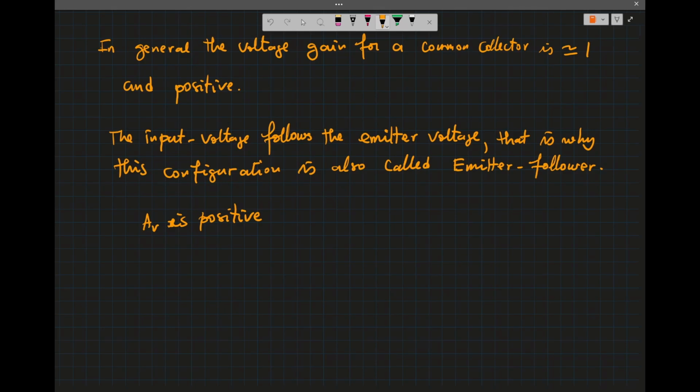Okay, so now let's find part D. Let us find the input and output impedances.